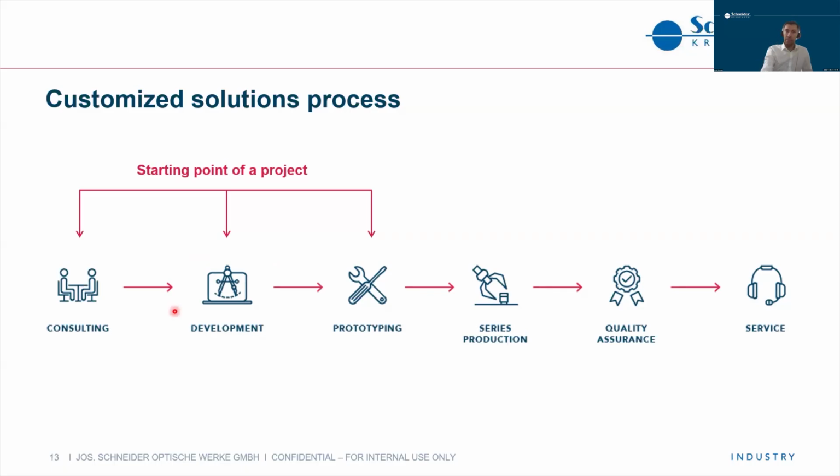And at the very end of the spectrum, it's possible to ask your optical supplier to manufacture a lens based on your drawings for the mechanics or the optics, for example, and it will be manufactured, assembled, and tested based on the customer's drawings.